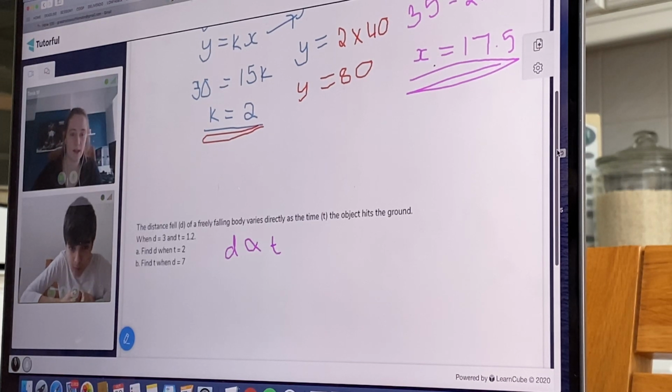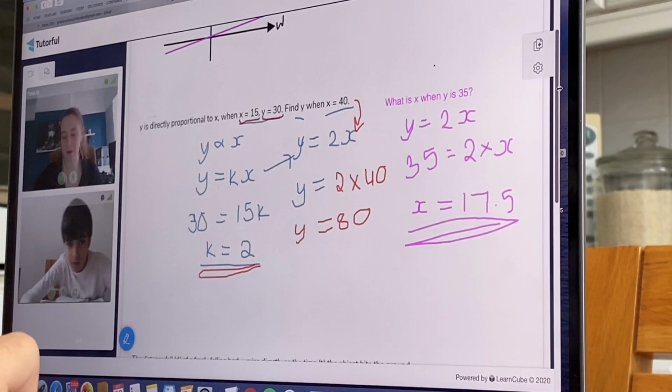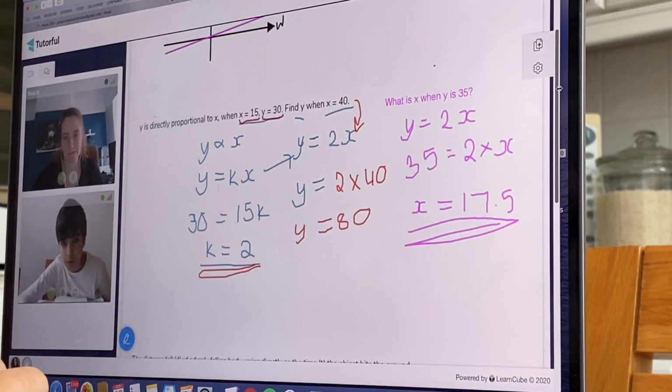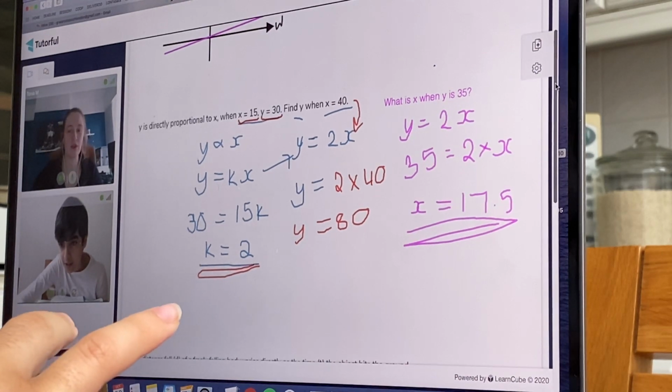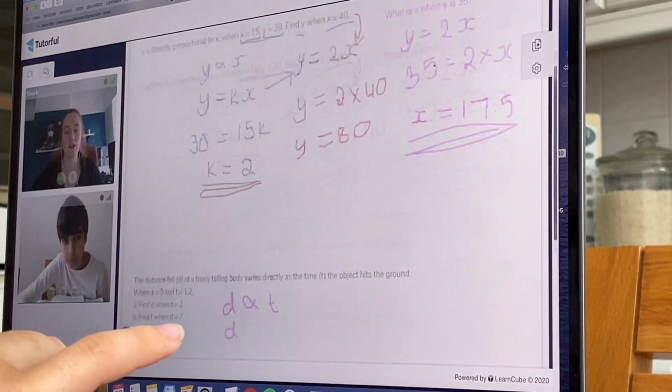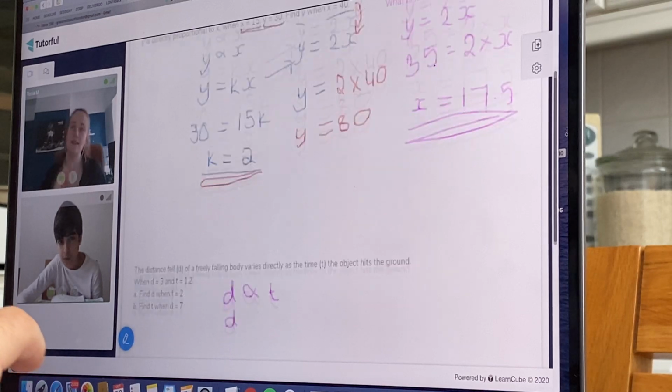We want to write d equals. So that's a good point actually, it's really important that you write it the right way around.